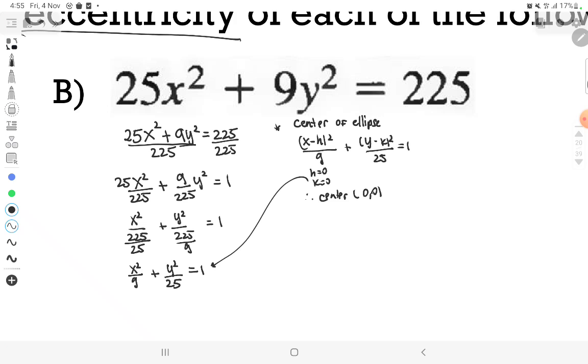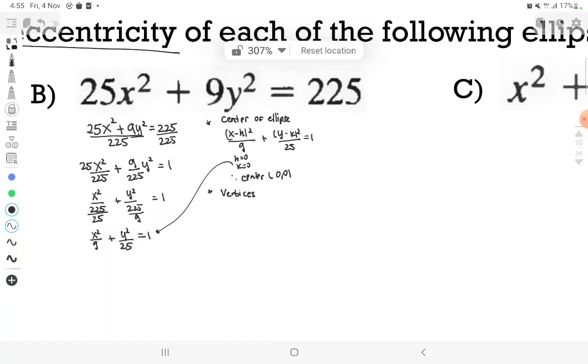Next is we would solve for our vertices. So vertices. Take note that our vertices would be in our major axis. Now, the next question here is whether our ellipse is a vertical ellipse or horizontal ellipse.